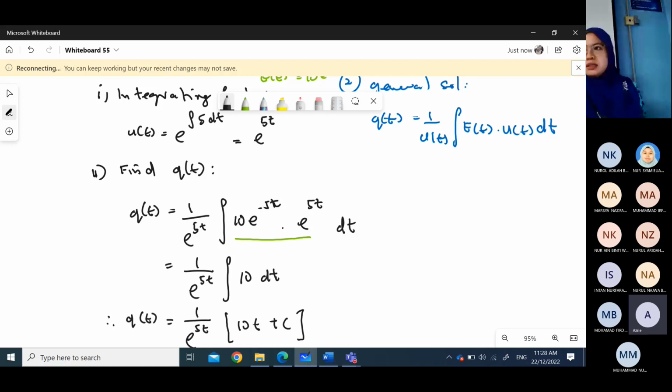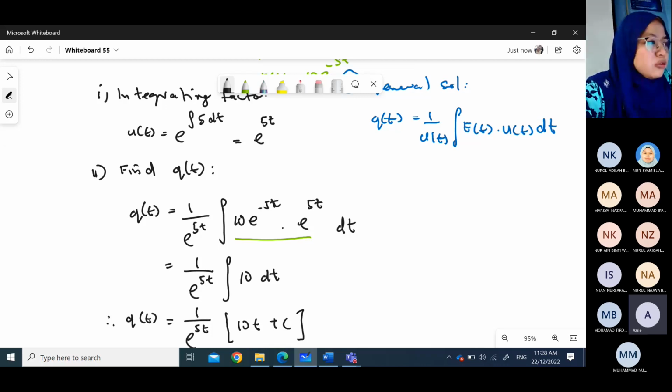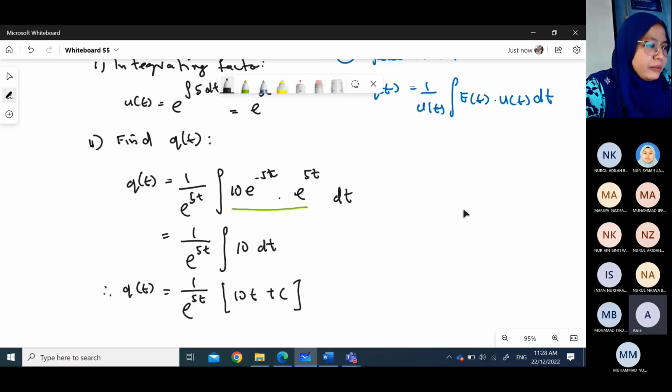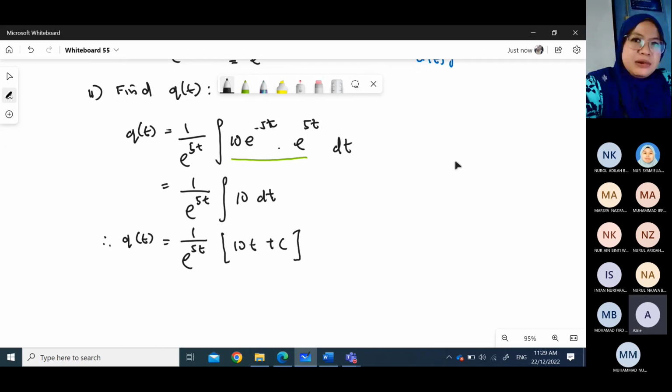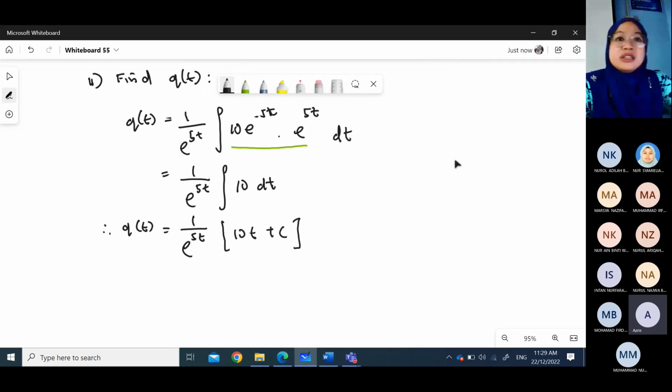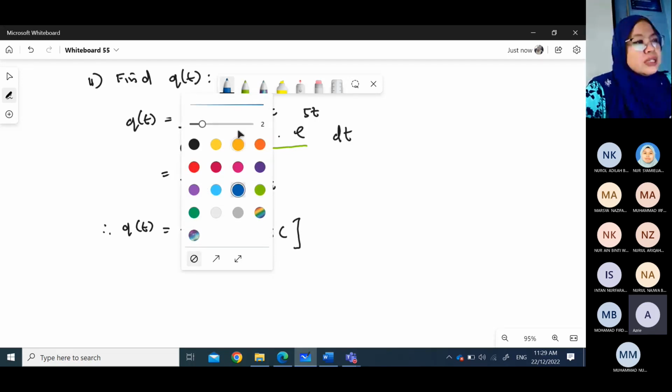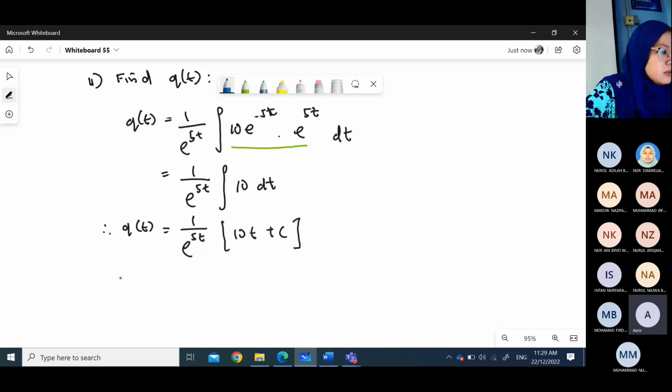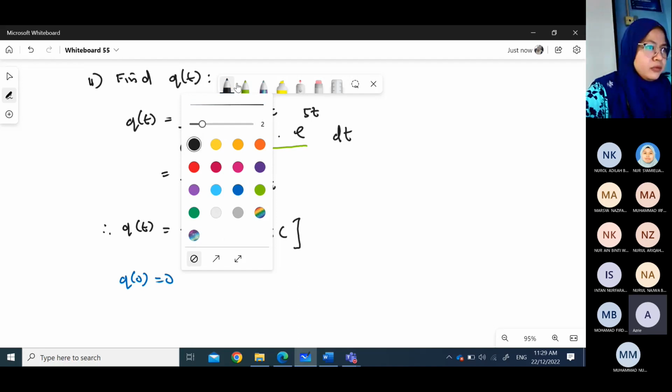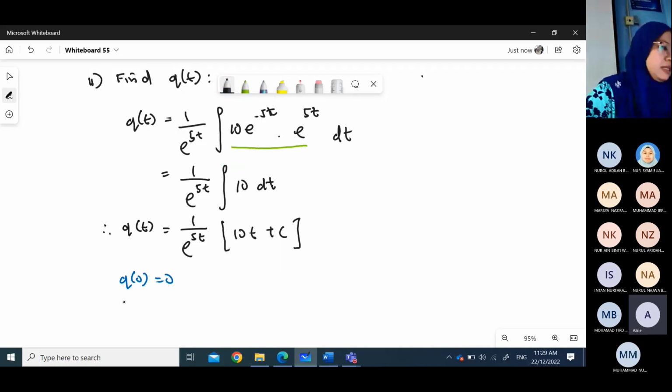So sekarang C is a constant. So now we need to find C. So how to find C? We use initial value. So the initial value here is when T equal to 0, charge is 0. Okay, Q at 0 equal to 0. So you masukkanlah T kosong untuk dapatkan nilai.